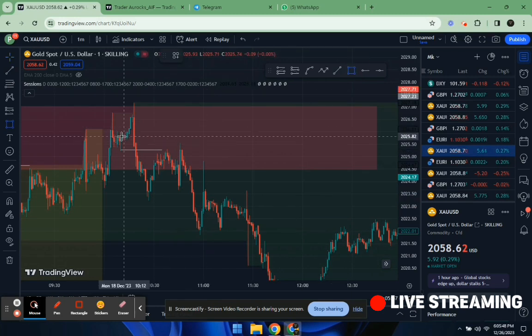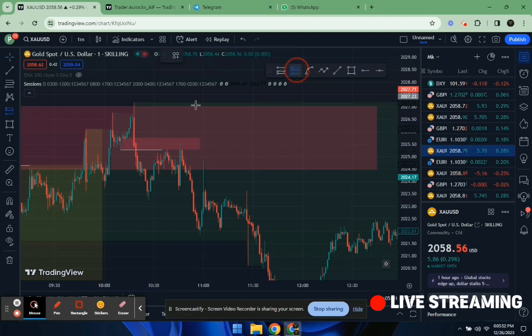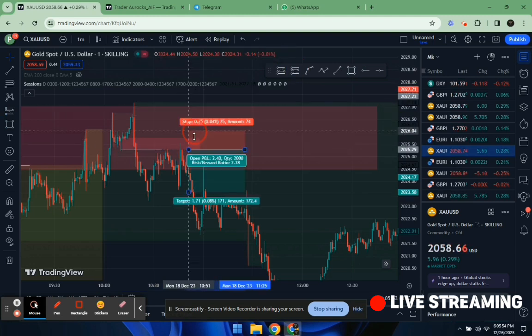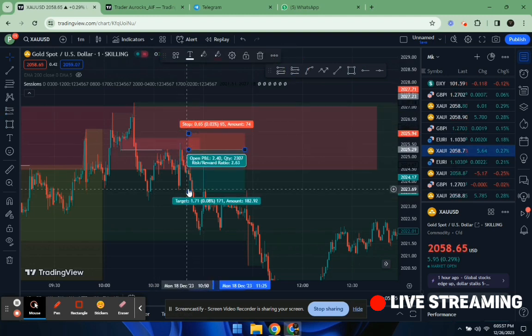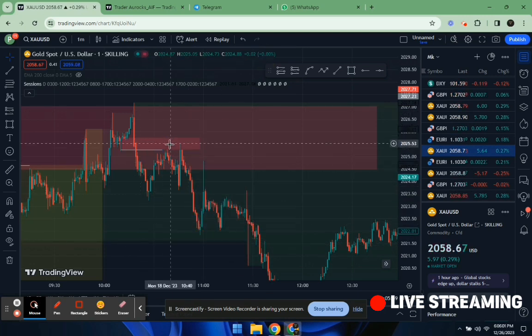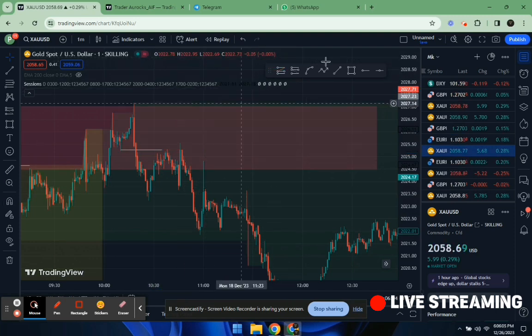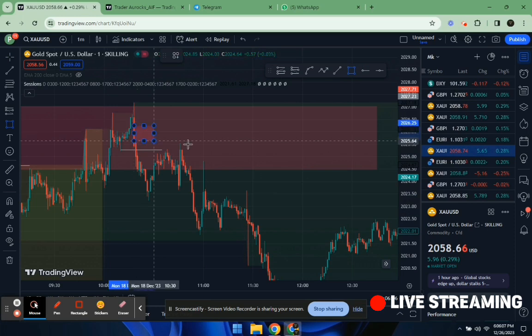It's not every time you need to wait for another block or something, but based on how you would have entered the trade, you would have still entered normally. So this is your fair value gap, and I always tell you, if you had wanted to wait for the 50% level, then you would have missed out.